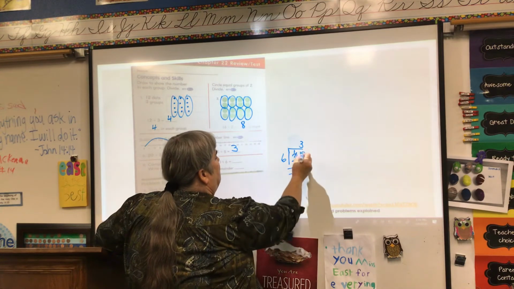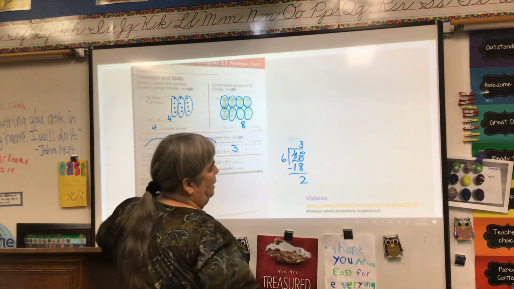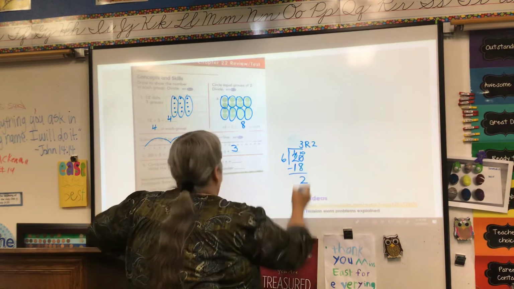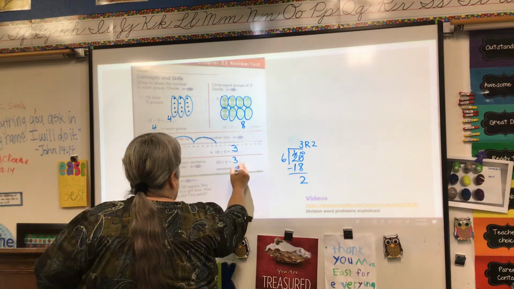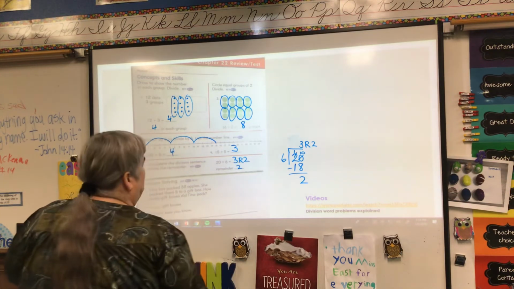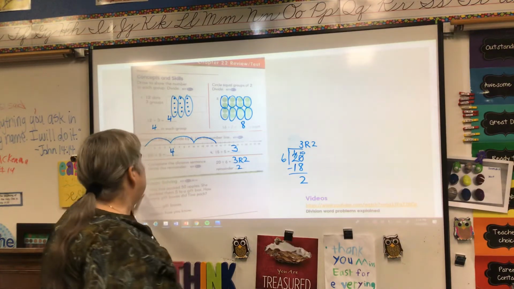This becomes 10. So 10 take away 8 is 2. So now I know my answer is 3, remainder 2. I'm going to write the answer properly. 3, remainder 2 is really my complete answer.